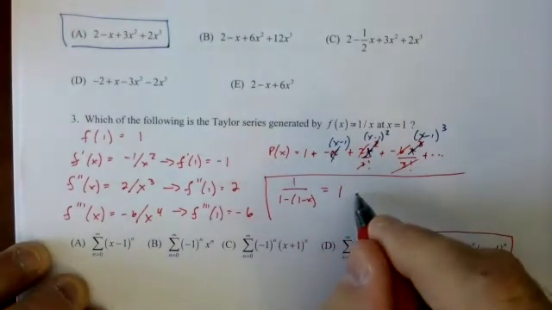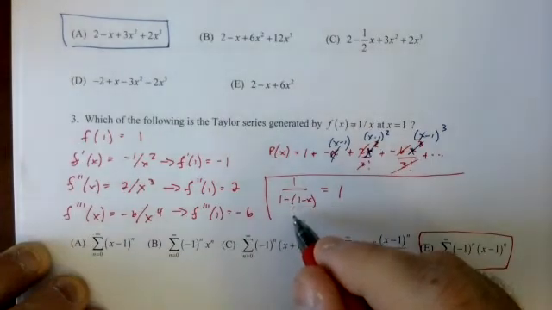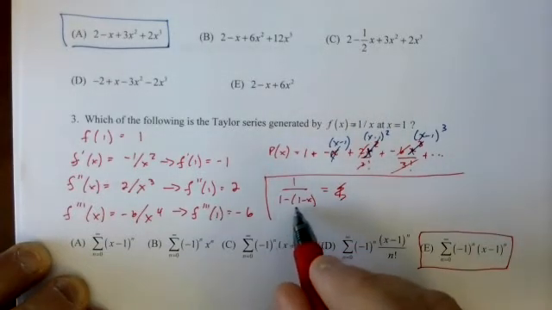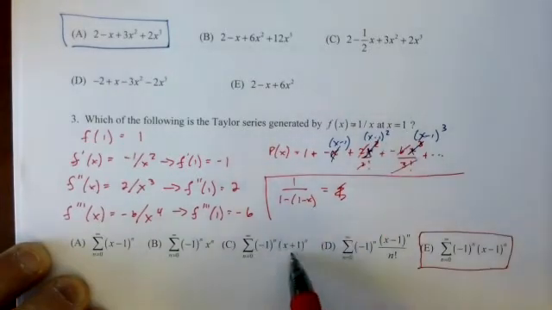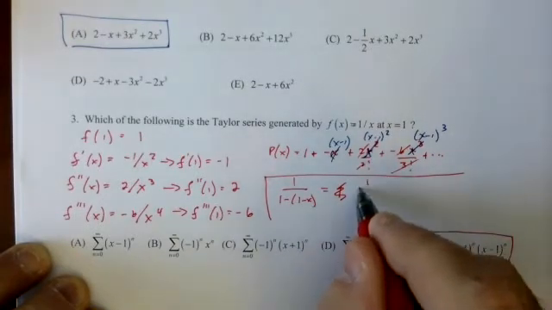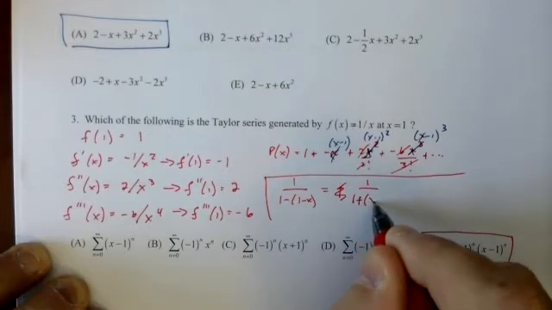So that would be 1, and then it's plus. Let me think about this. 1 minus x. Yeah, but I need this as x minus 1. So how do I make this x minus 1? 1 over 1 plus x minus 1.